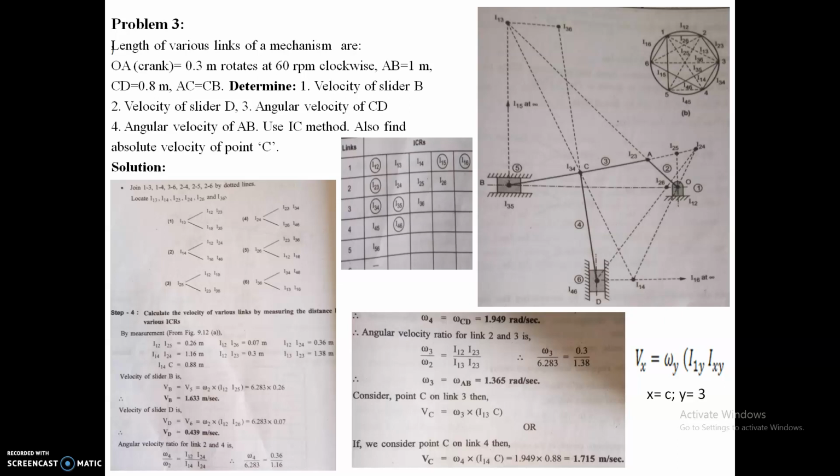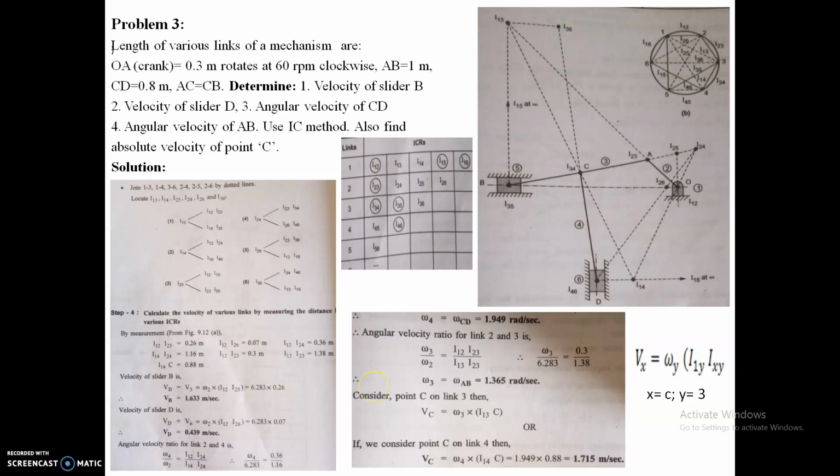But if it is not mentioned in the problem, then whatever ICs are required to solve the unknowns, those IC you have to locate on the given mechanism. In the previous problems 1 and 2, it was mentioned to locate all the IC, but in this problem it is not mentioned, so whatever ICs are required to solve the unknowns, we are locating those IC.